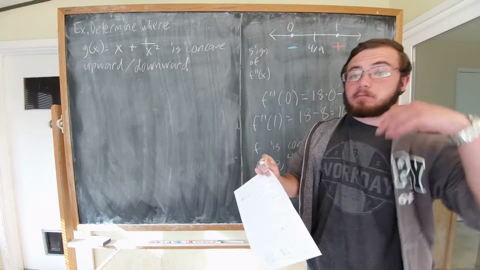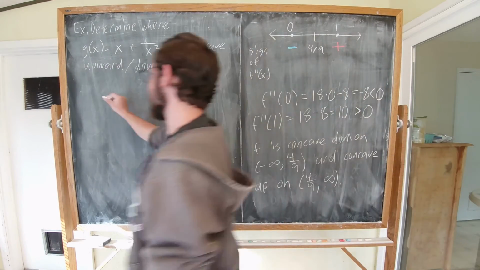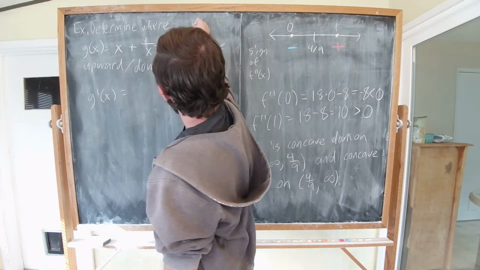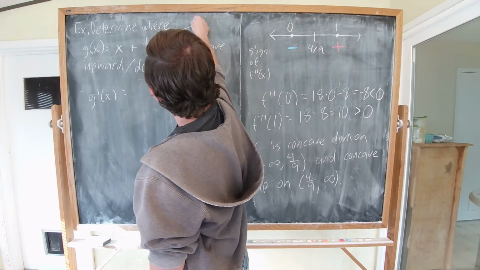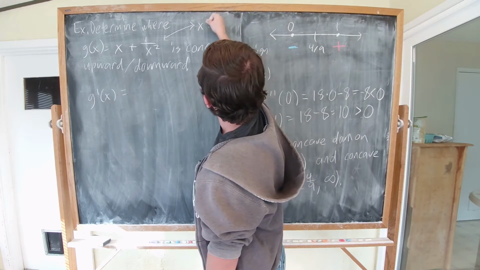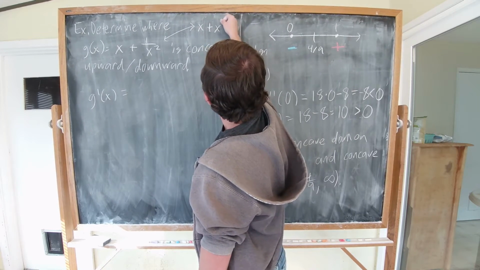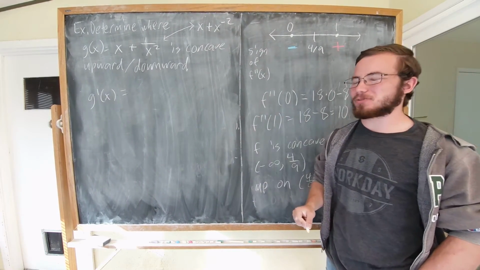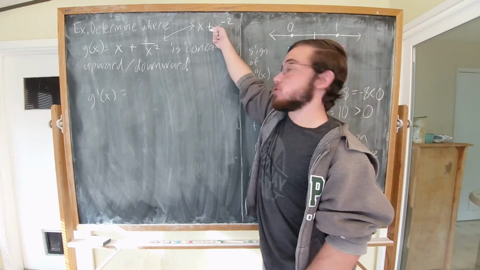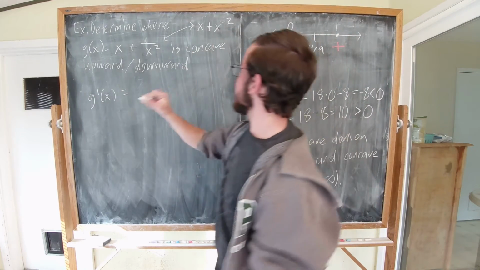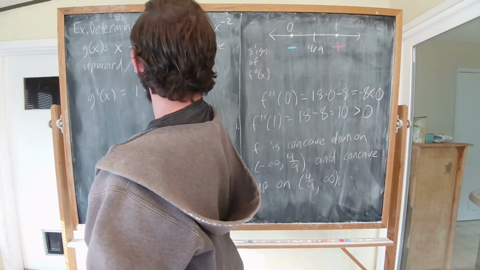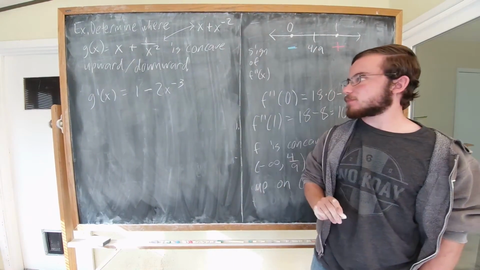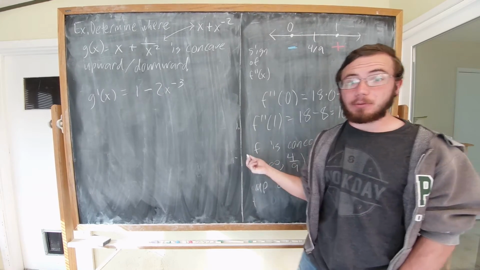Okay, well, we should take that second derivative. Start by taking first. G prime of x is equal to, I'm going to rewrite this here as x plus x to the negative second. Therefore, I can get away without trying to take the quotient rule because the quotient rule sucks. Now, just by the power rule and the sum rule, g prime of x will be 1 minus 2x to the negative third.